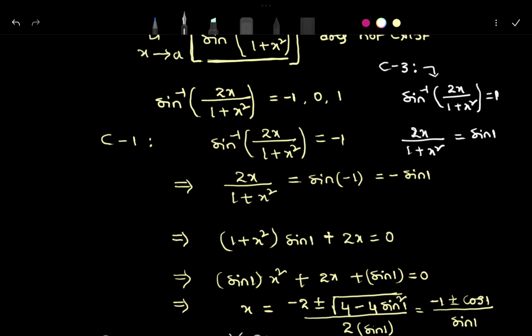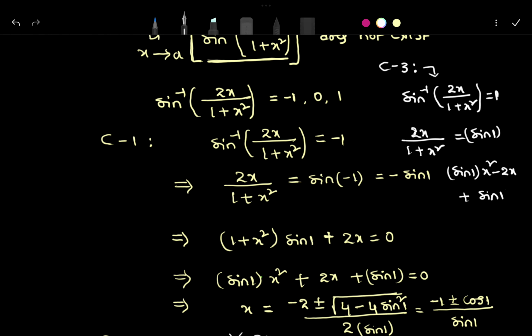By cross multiplying you get sine 1 into x square minus 2 into x plus sine 1.